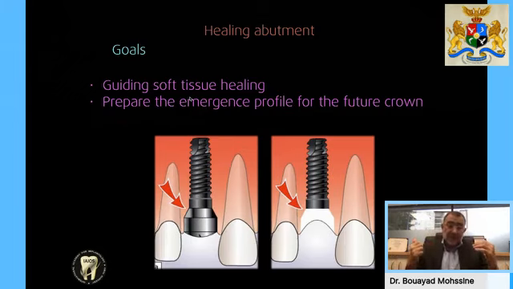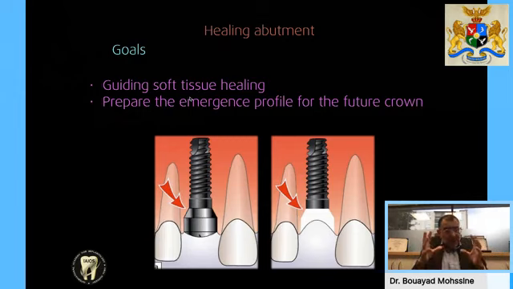But in several cases, we place the healing abutment in the second stage if we have a big reconstruction of the bone and we have to have good stability and osseointegration of the bone around the implant.